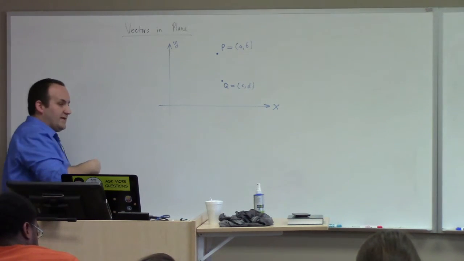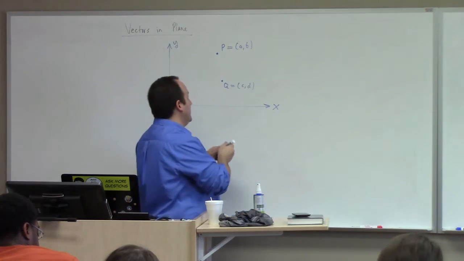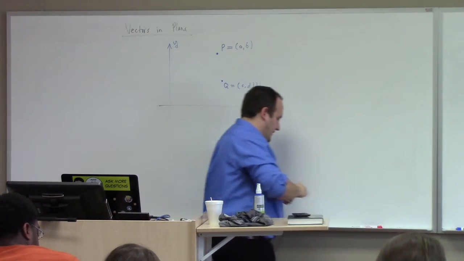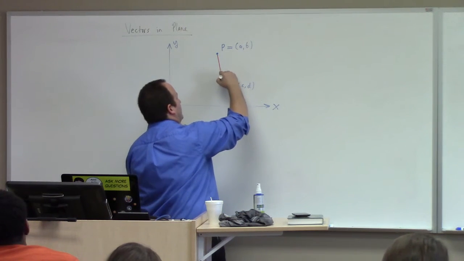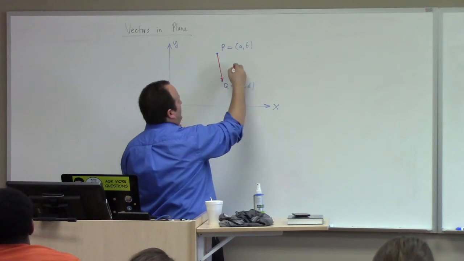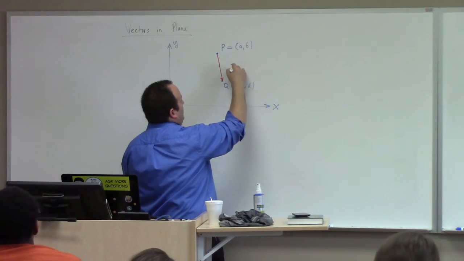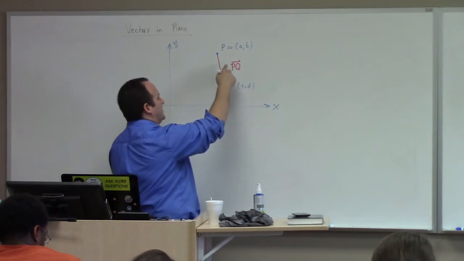You know you can form a directed line segment from one to the other. Maybe you looked at that in high school geometry. So this is a directed line segment, right? We usually use something like PQ with a vector symbol over it. Some people call this a harpoon.